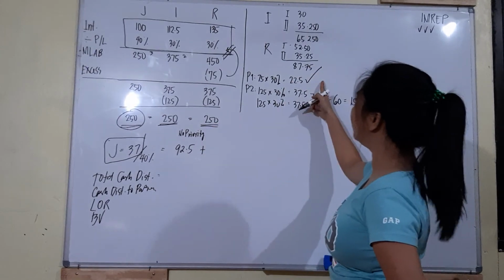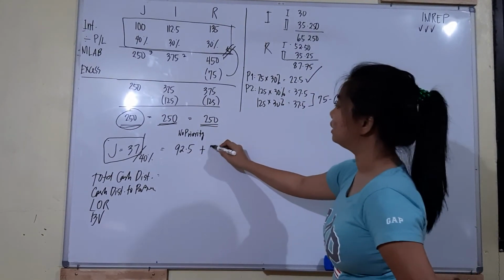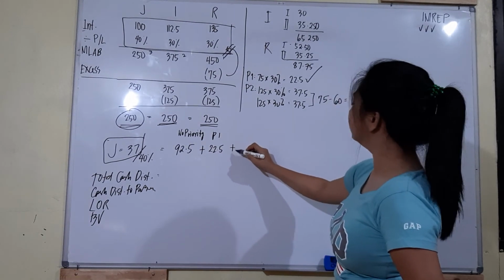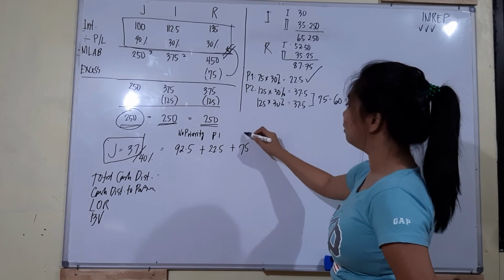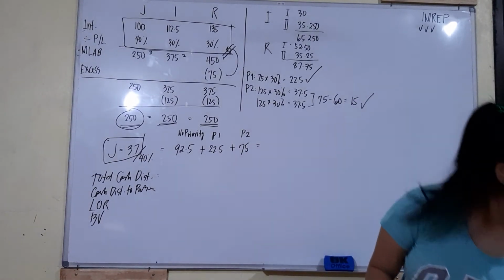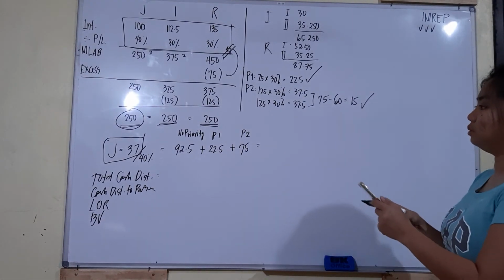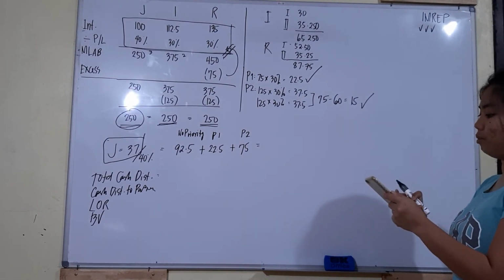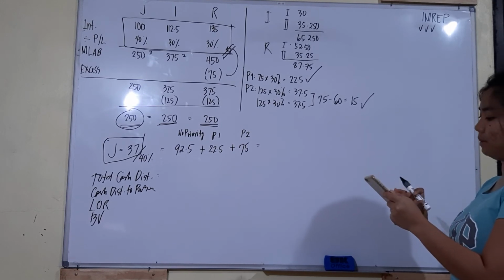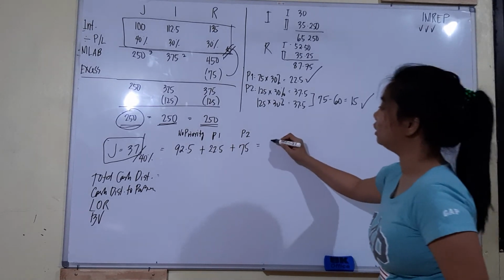Plus mo na ngayon yung dalawang priority natin. Plus 22.5 na priority 1, plus 75 na priority 2. Therefore, the total cash distributed amounted to 92.5 plus 22.5 plus 75. So, the total cash distributed is 190.